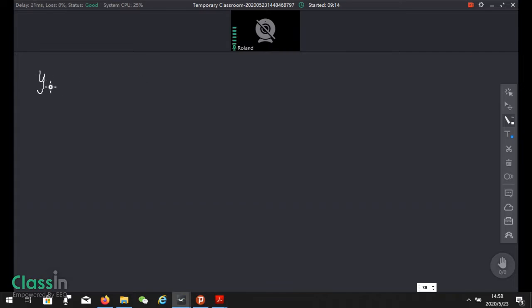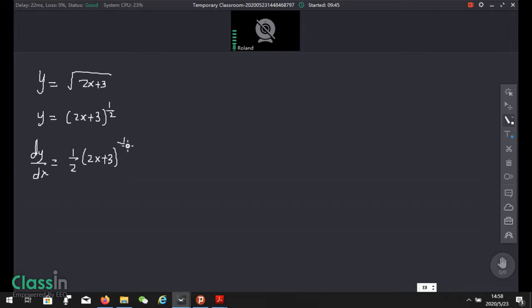Let's say we have y equals the square root of 2x plus 3. This is the same as (2x plus 3) to the power 1 over 2. So dy/dx will be 1 over 2 (2x plus 3) to the power 1 over 2 minus 1, which becomes negative 1 over 2, multiplied by the derivative of the expression in the bracket.